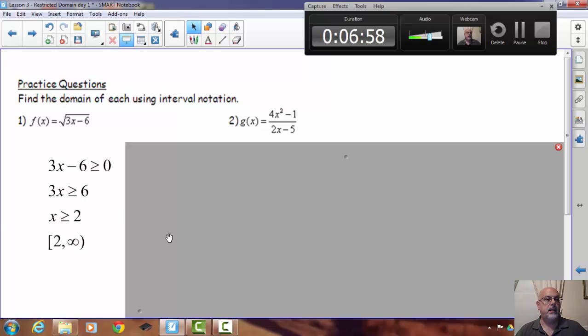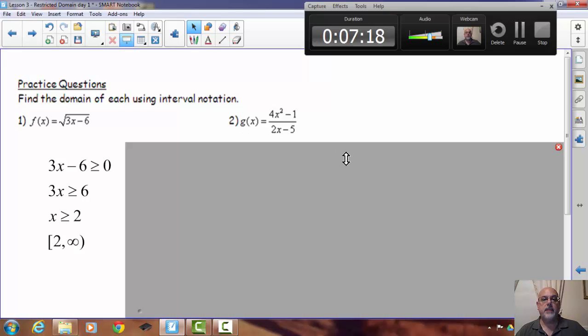We know that all values of x greater than or equal to 2 will be valid values for this function. Here it is in interval notation, which is what the problem called for: bracket 2 comma infinity and parenthesis.